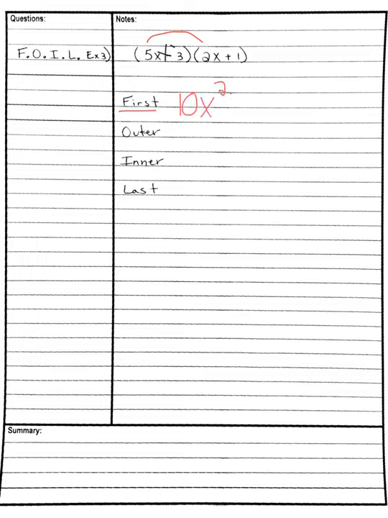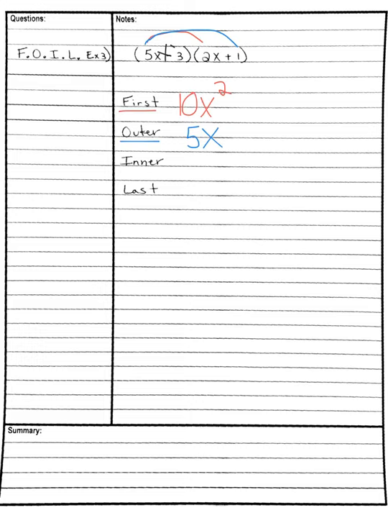The outer terms mean the furthest from each other, which would be that 5x times the 1. So you can see that we are still multiplying that 5x times everything in the other parentheses. Again, it's just kind of like an acronym to help us remember how to multiply these, and so we don't hopefully forget one.